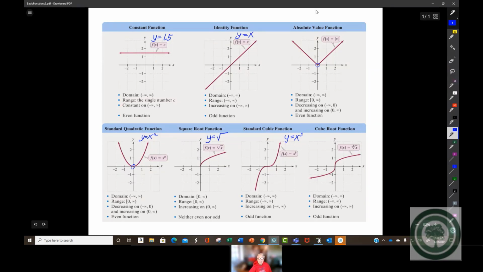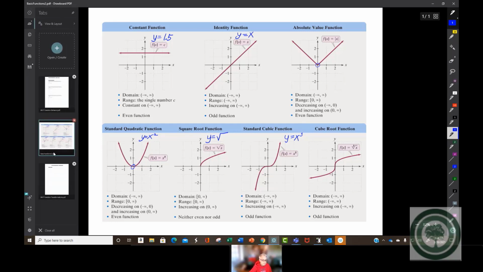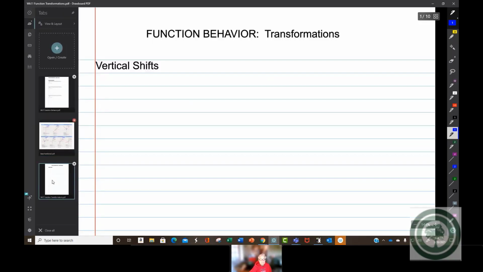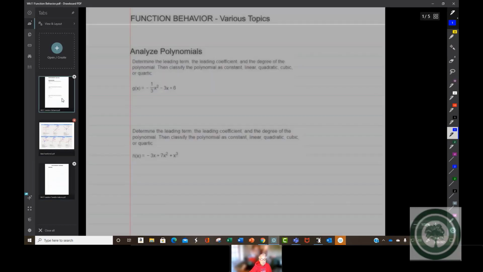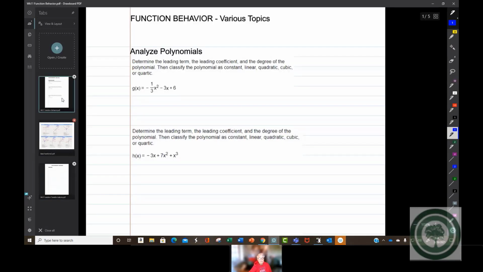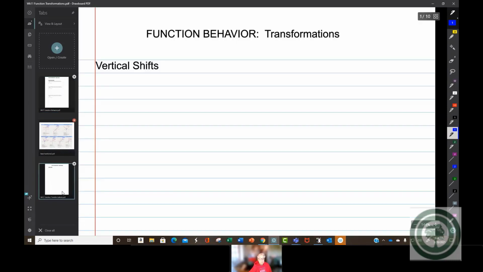Okay, so these are the functions we're going to be working with the first part of today. Here's what we're going to be dealing with.